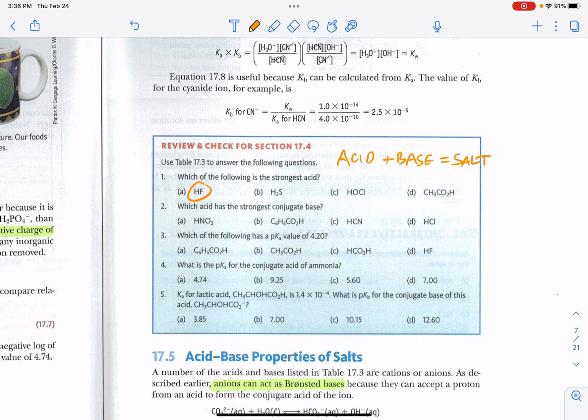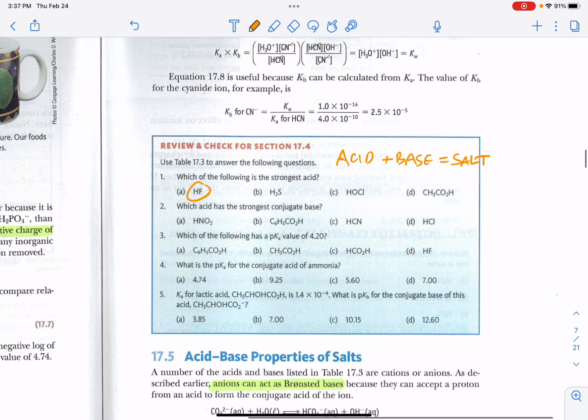But in this review section, it's quite easy, and that is all we have to do is recognize that every one of these is an acid because they have a proton that can be donated. In your organic compounds, that proton, by the way, is the hydrogen that's connected to an oxygen, not the hydrogens connected to the carbon.